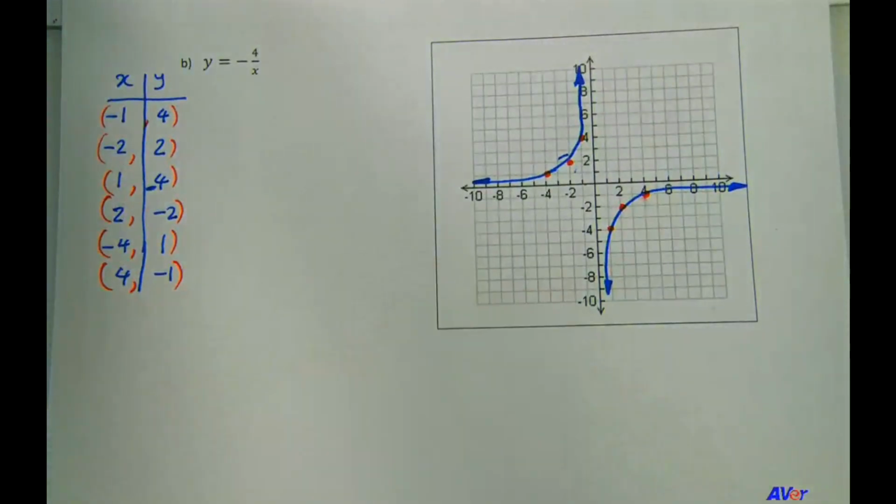What can you say about this graph in terms of, with respect to which of those entities, origin, x-axis, or y-axis, is it symmetric? Is it symmetric with respect to the x-axis? No. Is it symmetric with respect to the y-axis?